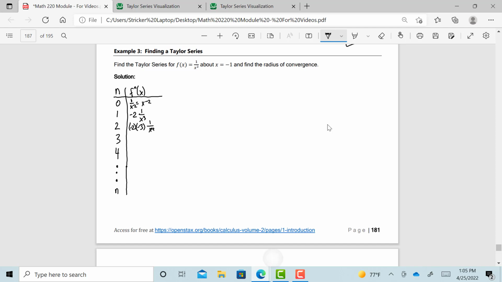And then we just continue this pattern. So next one, we're going to have -2 times -3 times -4 times 1 over x to the 5th. And then one more here, -2 times -3 times -4 times -5 times 1 over x to the 6th. And that pattern continues.